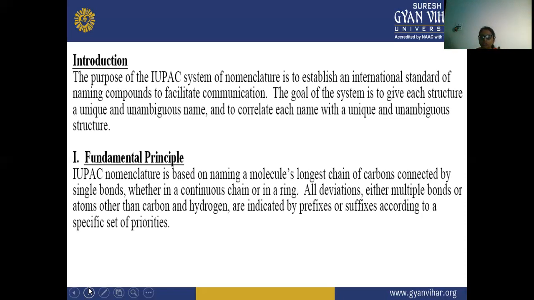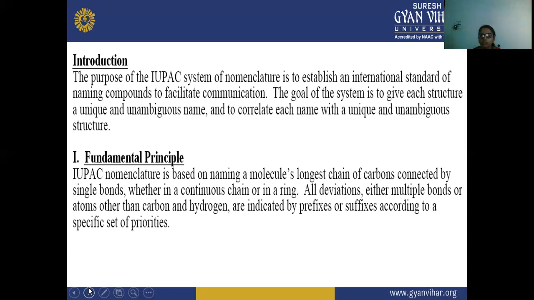So all deviation, either multiple bond or atom other than carbon and hydrogen, are indicated by prefixes and suffixes according to a specific set of priority.